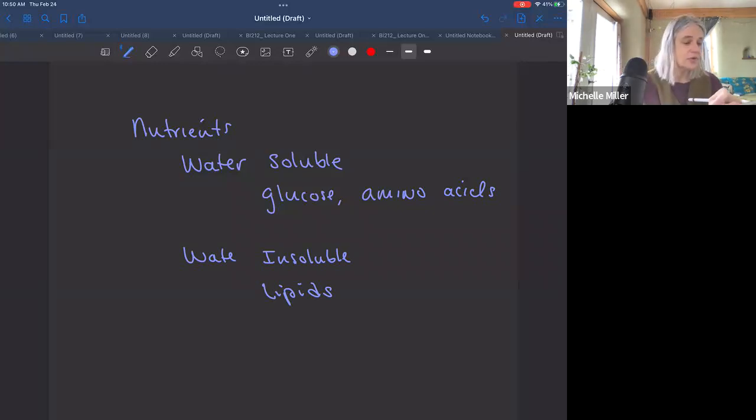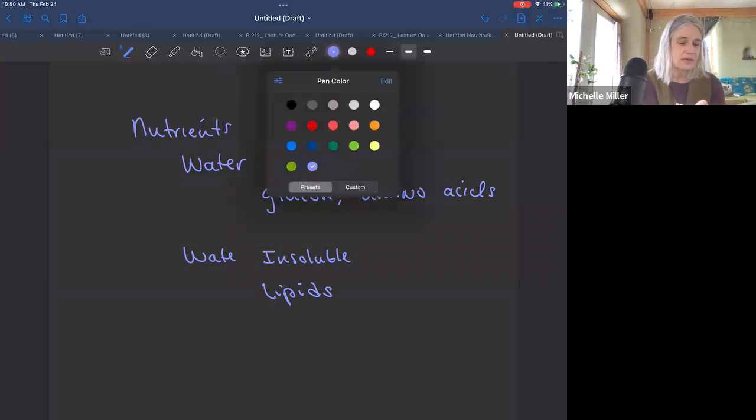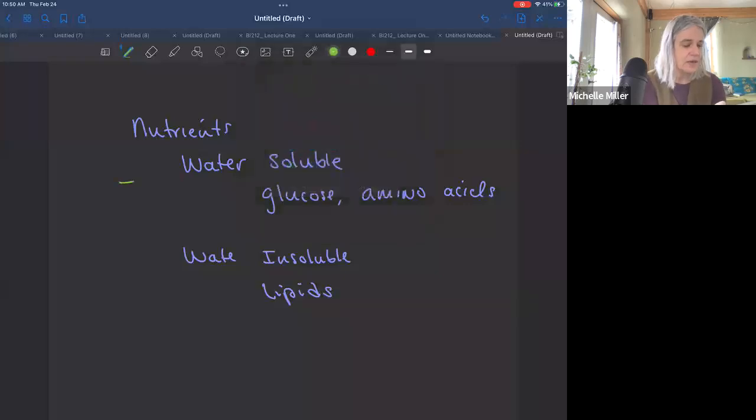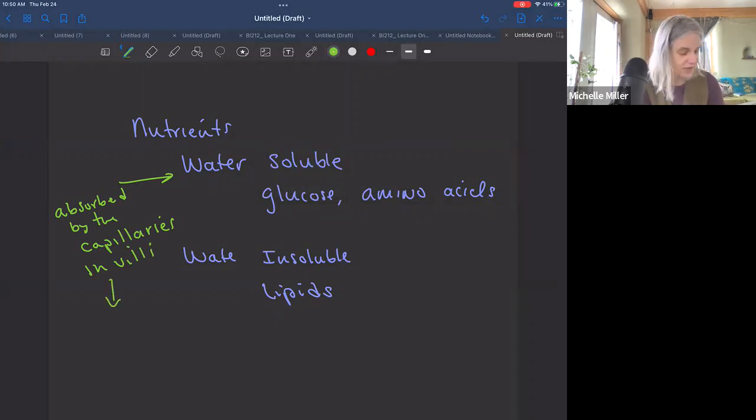The water soluble nutrients are absorbed by the capillaries in the villi, and they are primarily transported to the liver.